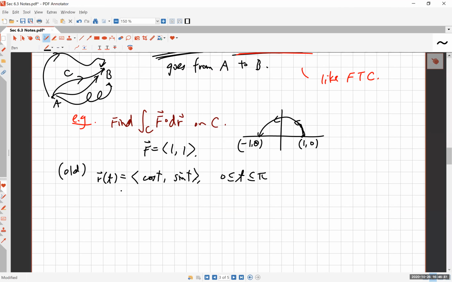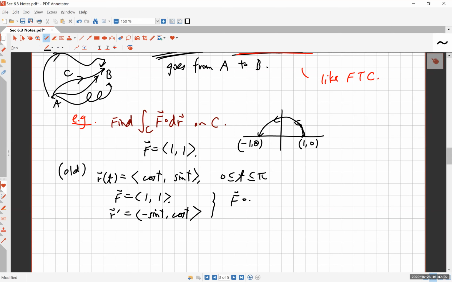And then you find F, which is (1, 1), and the derivative of r. Remember, you have to have the derivative of r in order to calculate the line integral. That's (negative sine t, cosine t).